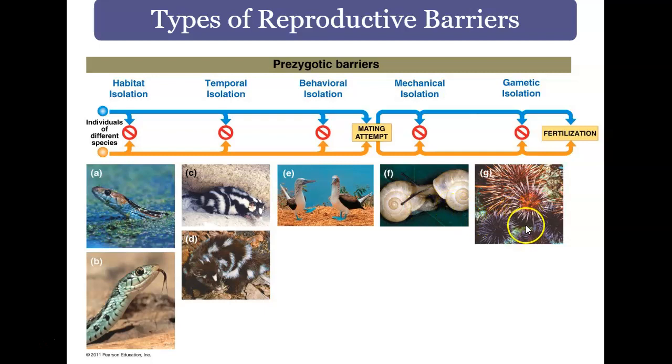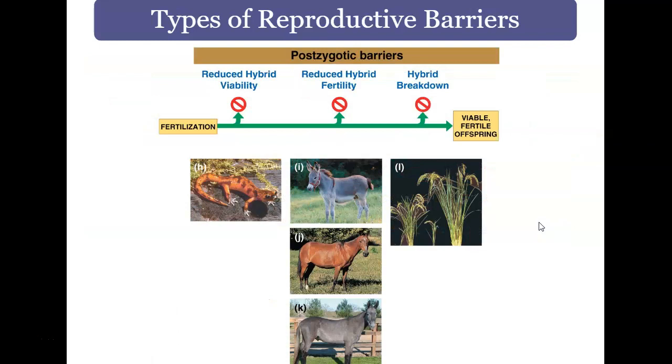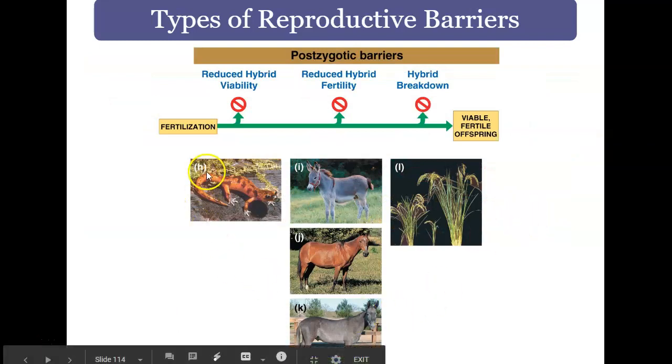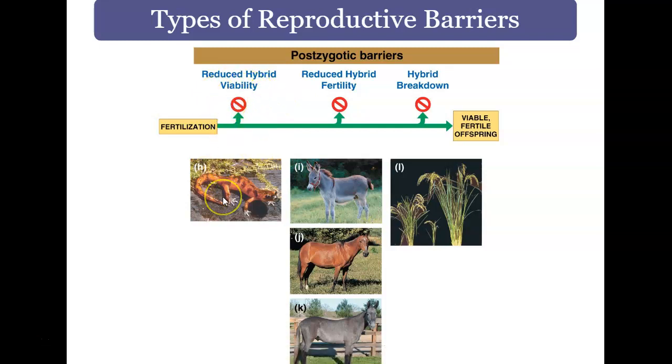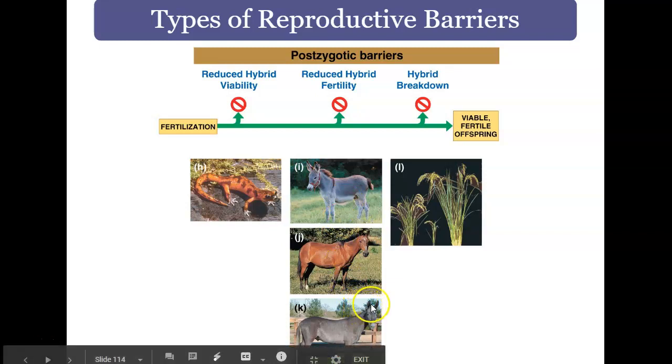And then gametic means that it just won't work in terms of an egg and a sperm coming together. All of these are examples of pre-zygotic. No zygote is being made in any of these situations. Whereas post-zygotic, either the hybrid itself is not super viable, or the offspring can't have children, or the offspring doesn't really survive or work well.